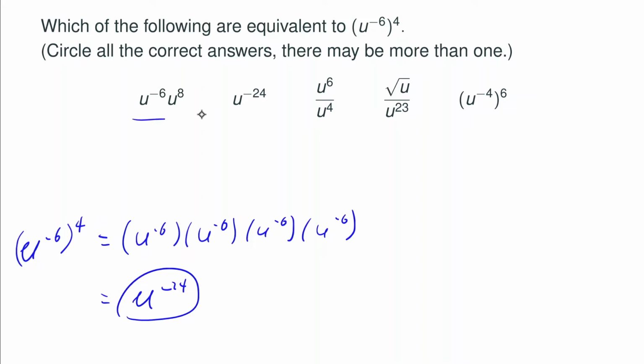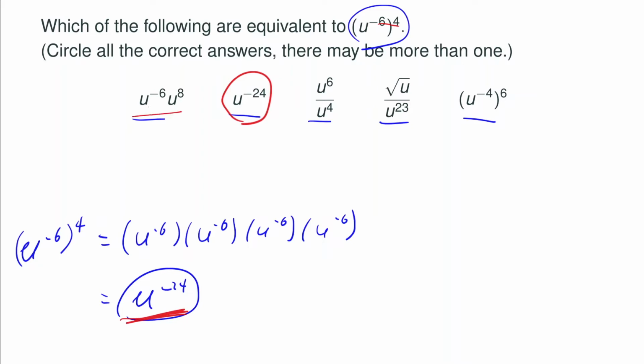We want to see which of these is equivalent to the original one. Just to start, we can tell that this one is okay. It is the same as multiplying negative 6 and 4. So this is a good one.